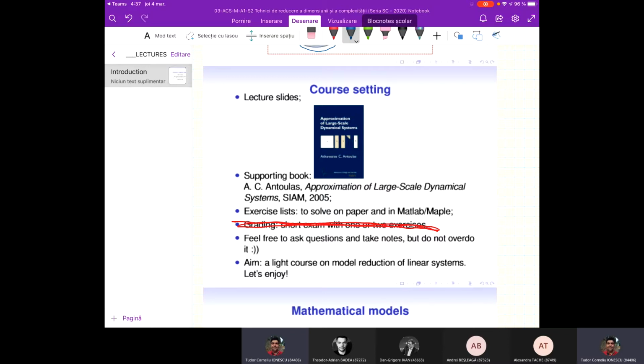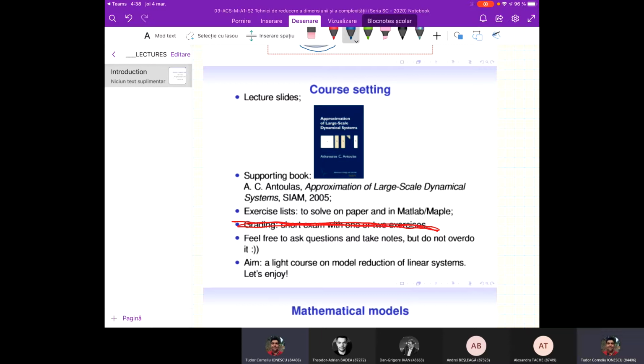Model reduction came up somewhere in the 60s, and it stemmed from systems identification. It was based on systems identification, and then it was extended to dynamical systems and became a research field in itself.